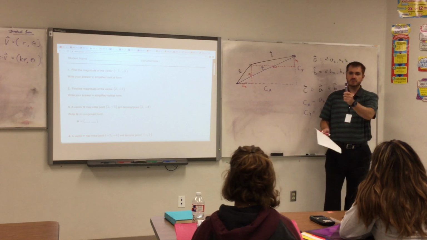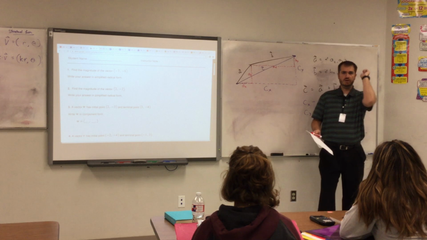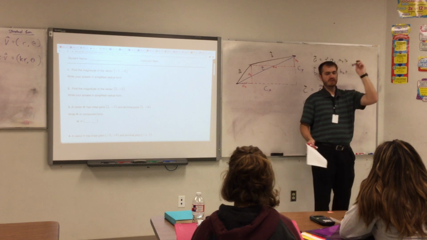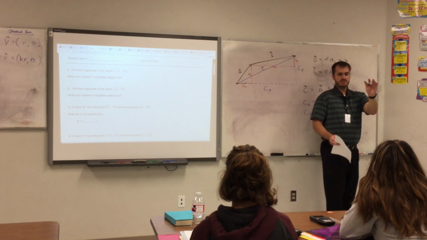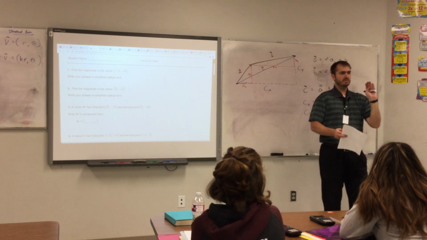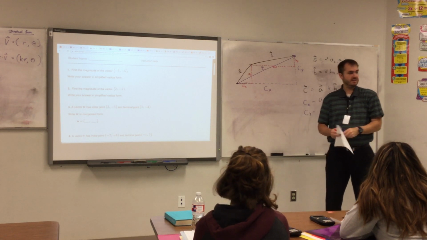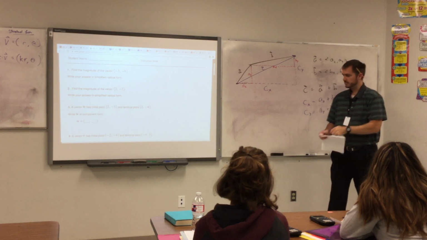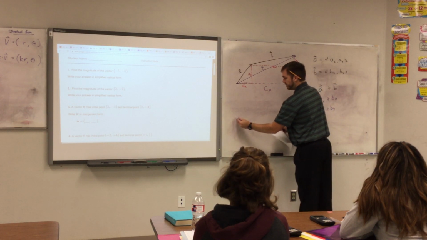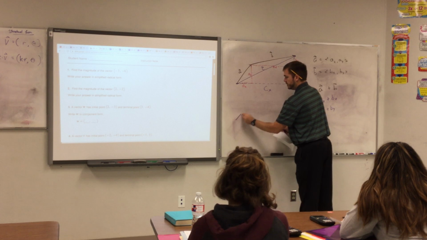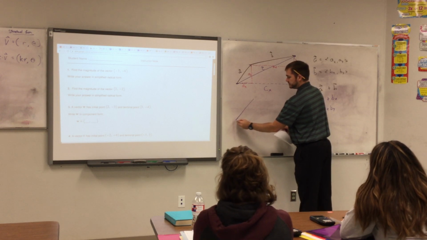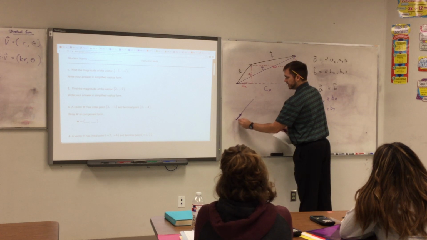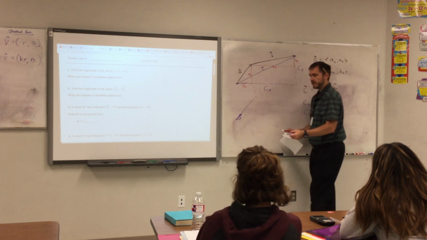I'm going to throw this marker as far as I can across the room, or maybe even down the hallway would be better. In both situations, I'm going to be launching it at the same angle, along this line, at maybe 40 degrees.